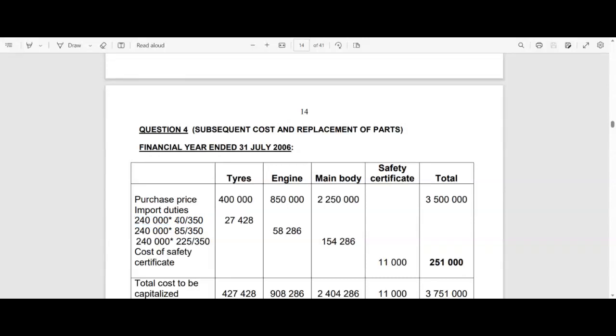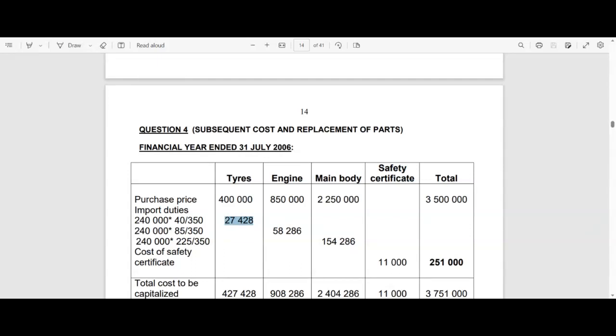So in this case, it's going to be 400,000 over 3,500,000. So it's that figure above the line over that figure below the line multiplied by the cost that you want to go and allocate. So that gives us 27,420. If I remember, there's also a little rounding off involved there.